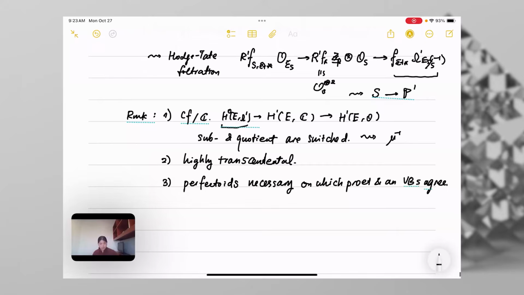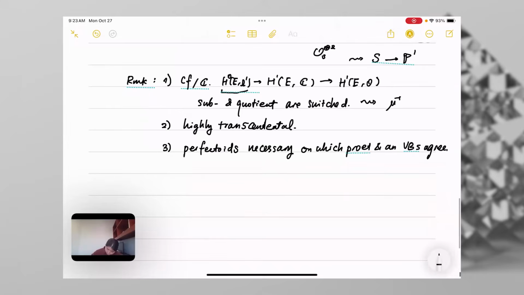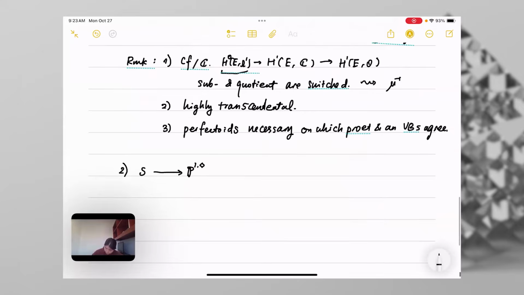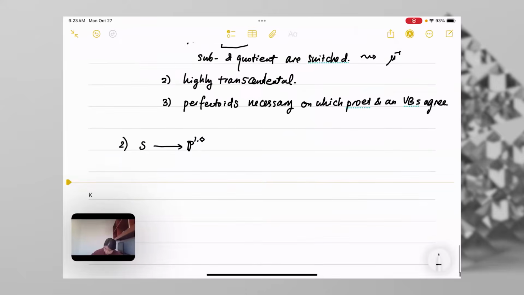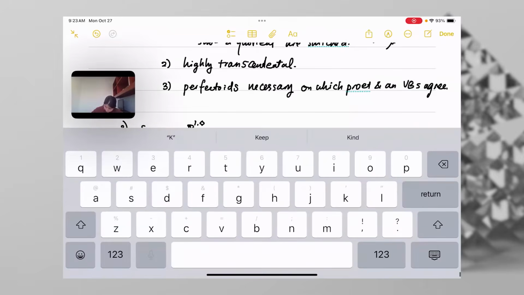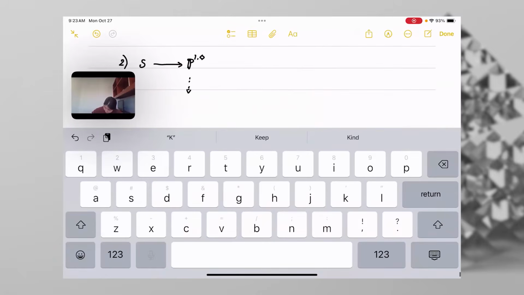Okay, so the next thing is the construction of the Bouvier-Laszlo map. So we're, again, if we are given some perfectoid test object S mapping to P1, diamond, and we want to construct yeah. Sorry.